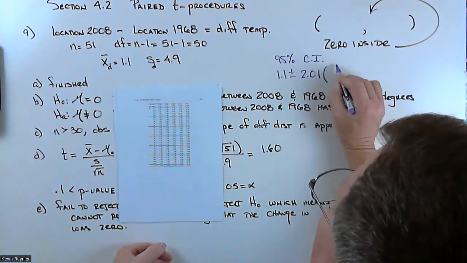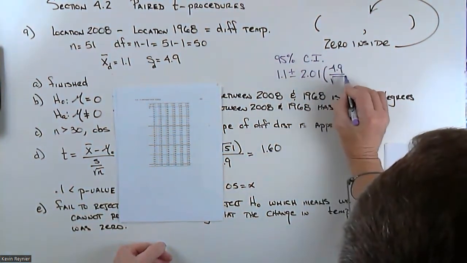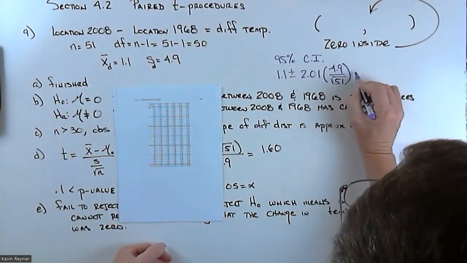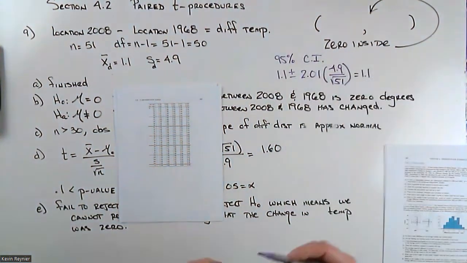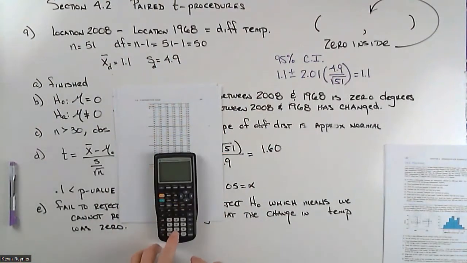And then I have S, which was 4.9, divided by the square root of n, which is the square root of 51. If we do that, we get 1.1, right? And if we do the math over here on our margin of error, we have 2.01 times 4.9 divided by the square root of 51.